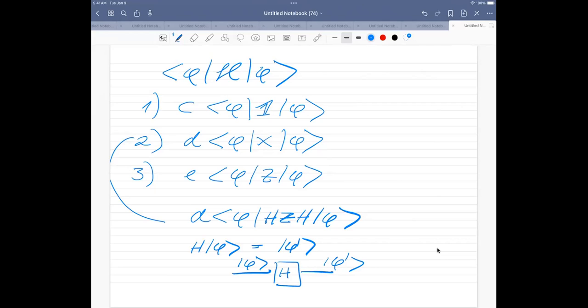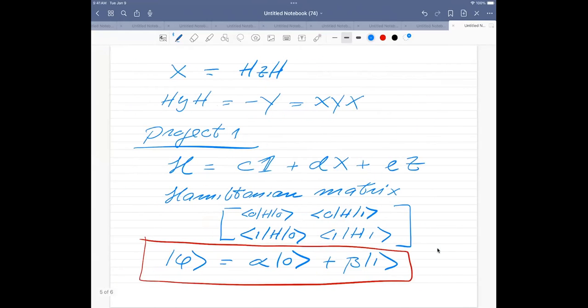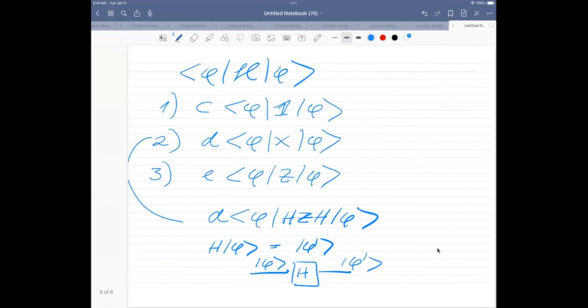And we know that the Hadamard gate, when it acts on this linear combination, has a very specific and very simple result. If we have a state here which is a linear combination, it will just keep this linear combination, but multiply it with a factor of 1 over square root of 2, with a plus or minus. So this is a pretty straightforward mathematical operation.